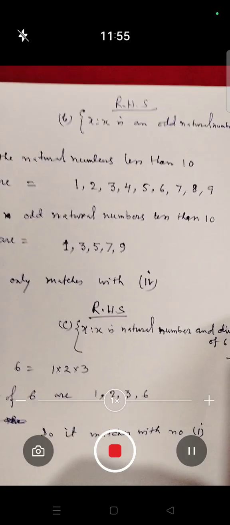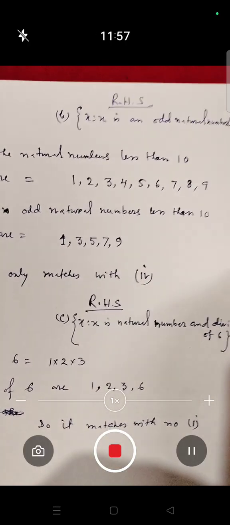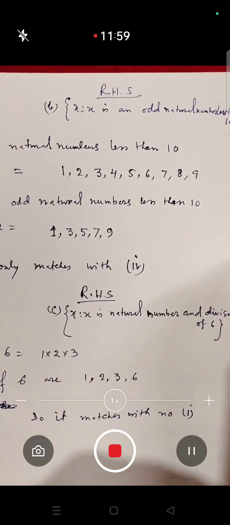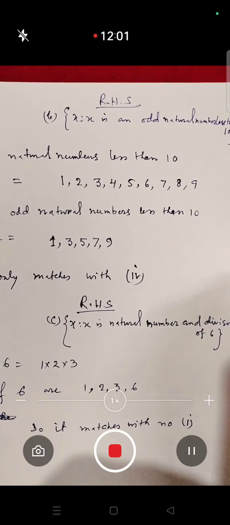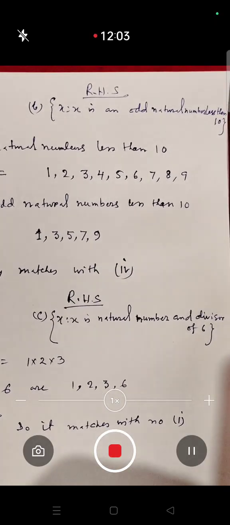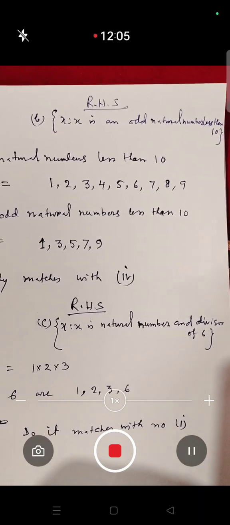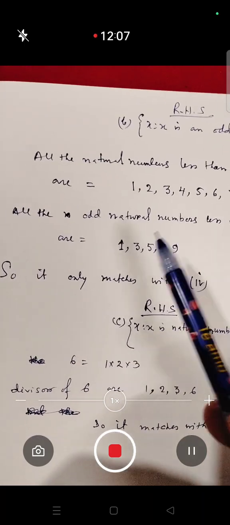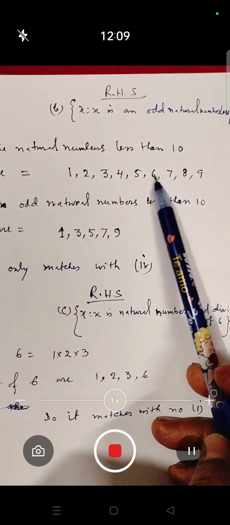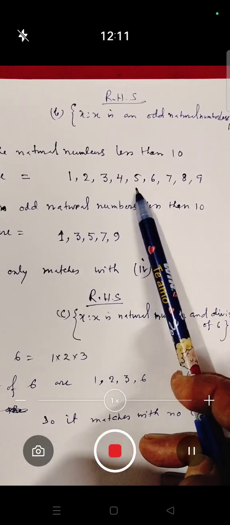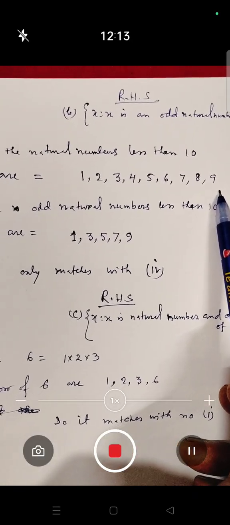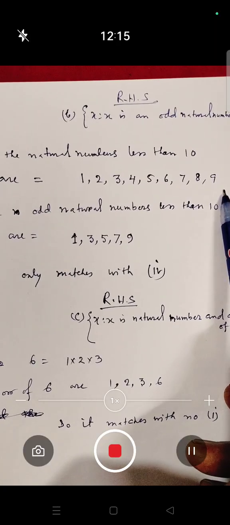B. X is such that X is an element where X is an odd natural number less than 10. All the natural numbers less than 10 are 1, 2, 3, 4, 5, 6, 7, 8, 9. Isn't it?